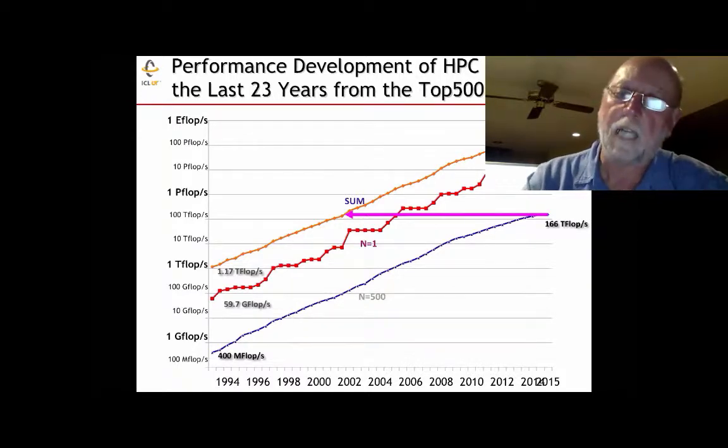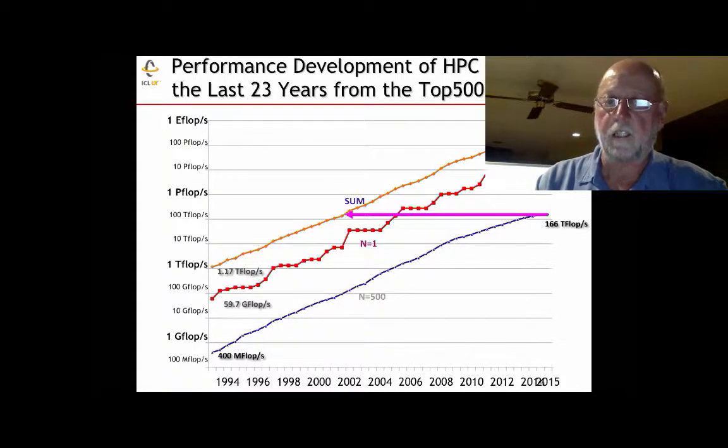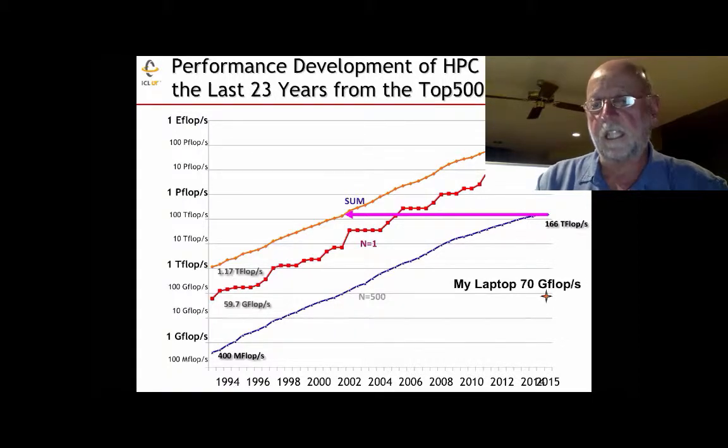The machine at the bottom of the list today, it's sort of stunning. This exponential effect that was equal to the sum of all 500 machines back in 2001. The other thing that's sort of incredible in my mind is I'm giving this talk on a laptop, and on that laptop, I can run the benchmark.